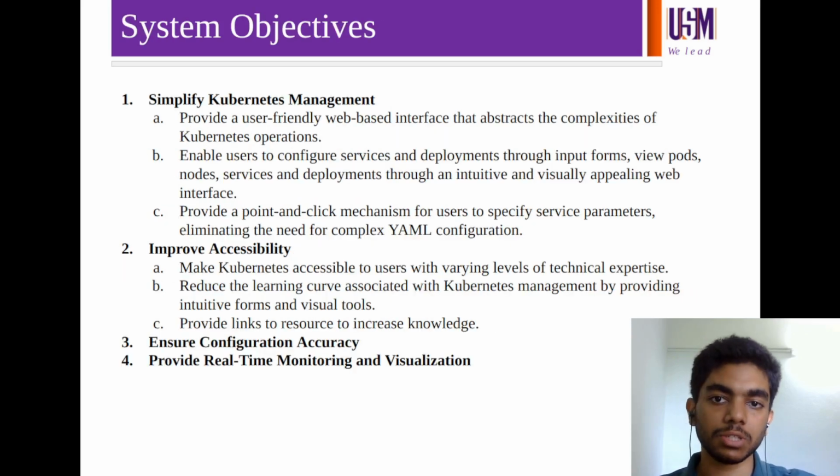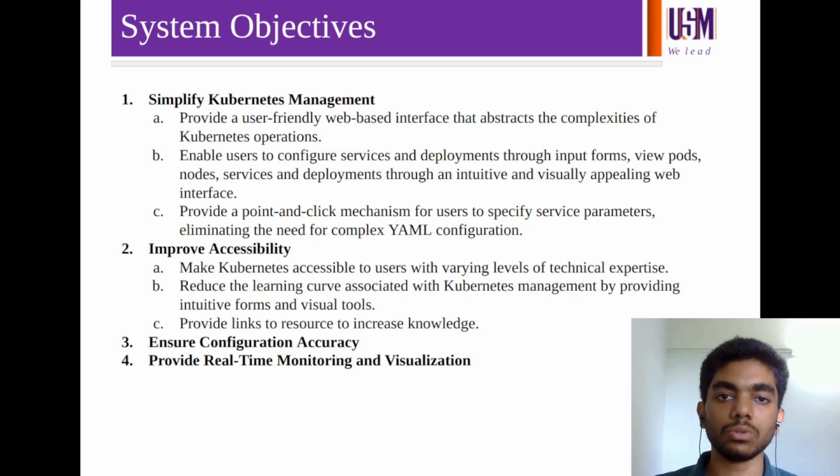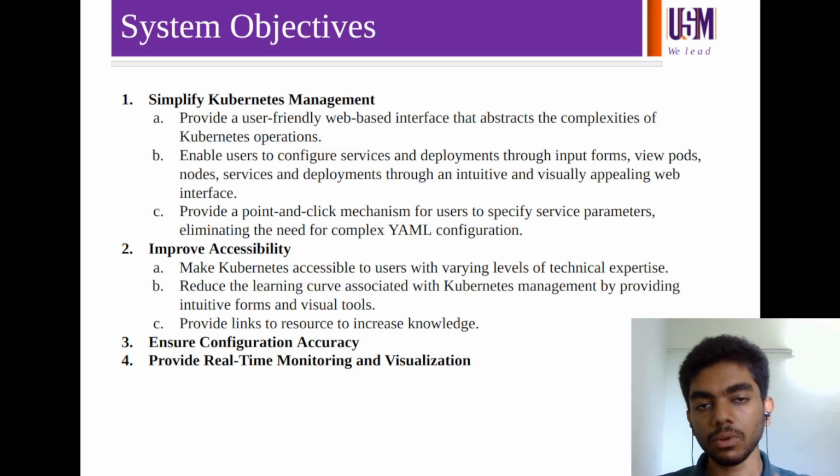So what are the system objectives? The first system objective is to simplify Kubernetes management, improve accessibility, ensure configuration accuracy, and provide real-time monitoring and visualization. So instead of using the command line or the YAML configuration file to interact with the cluster, we will create a user-friendly web-based interface that will abstract the complexity of Kubernetes.